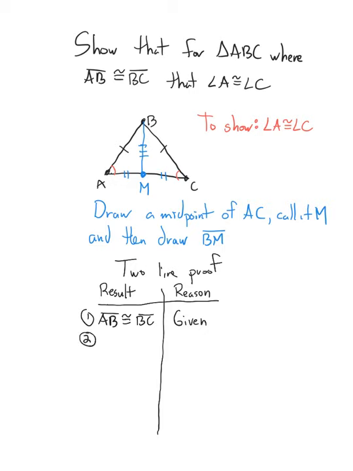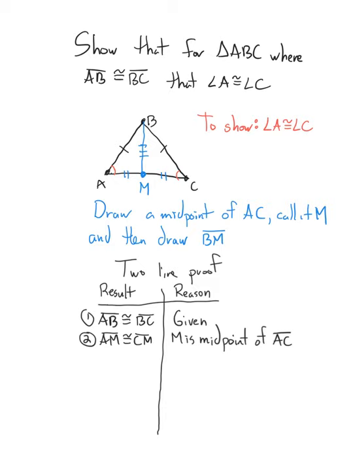So we know that AM is congruent to CM. We know that for sure because M is a midpoint. And that's how we know it, so that's what I'm going to write here. Since M is the midpoint of line segment AC. It splits it in half, which means that each half has the same length.